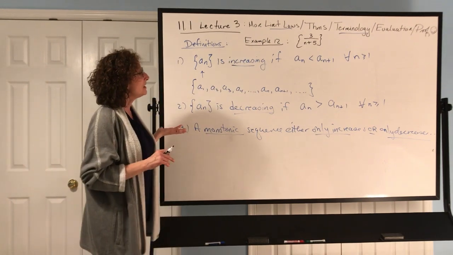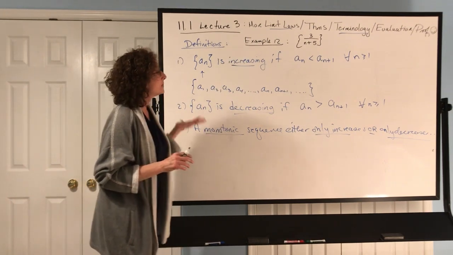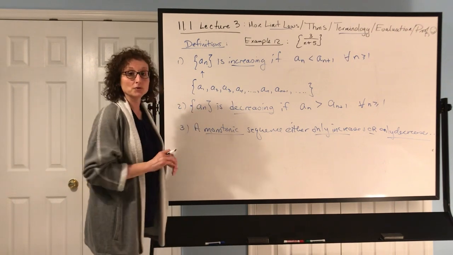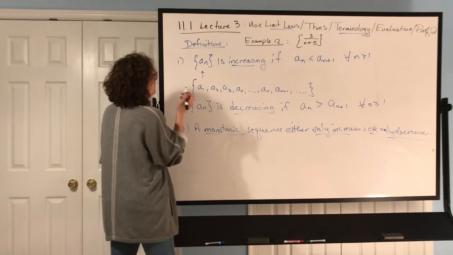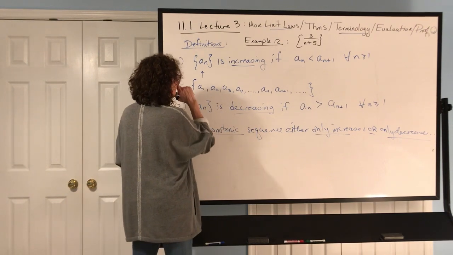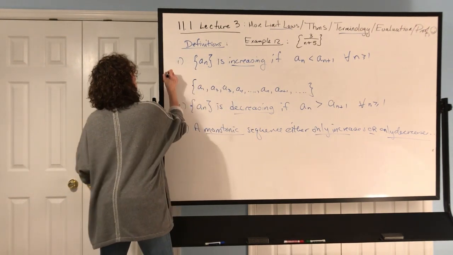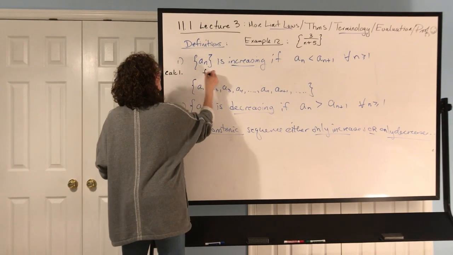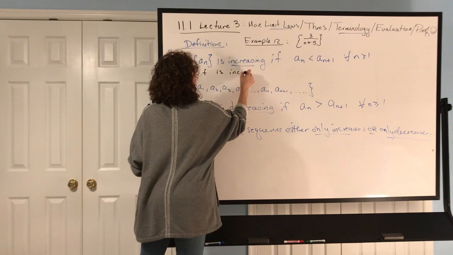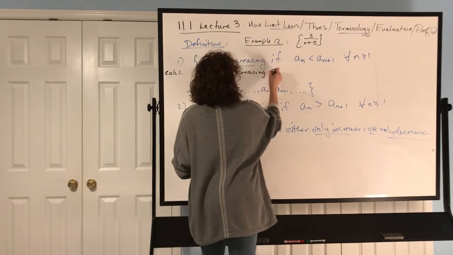In example 13, they do things both ways, so I want to give you the both-ways version of example 12. Remember what we know about calculus. So what if we said, in Calc 1, for functions, f is increasing if what?